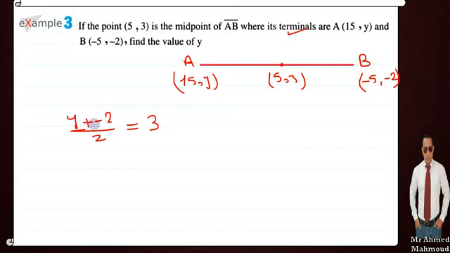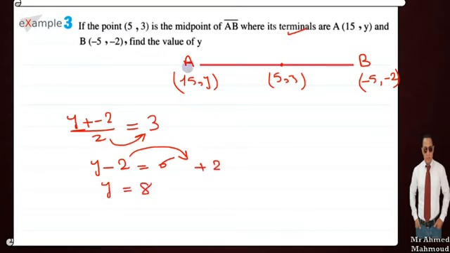Positive negative means negative. I will send 3 there as times. Then y minus 2 equals 6. I will send 2 there as plus. Then y equals 8. Then the point A is (15, 8).